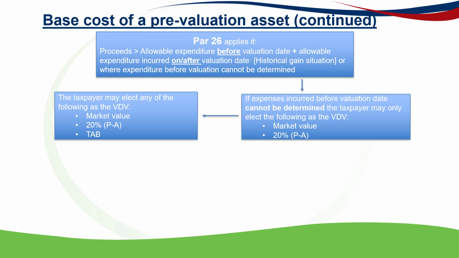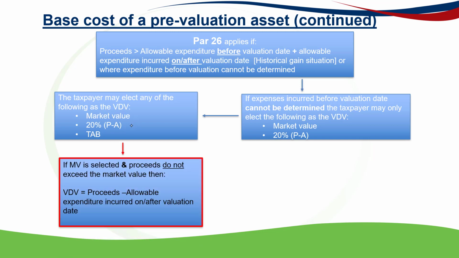So for assessment purposes, the market value will be provided, or they can select 20% of the proceeds less allowable expenditure incurred on or after valuation date. So this would refer to allowable expenditure that was incurred on or after the valuation date, right?